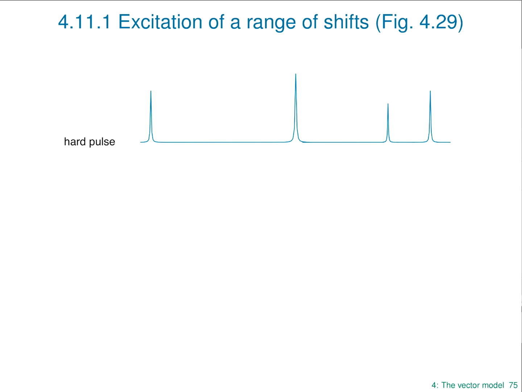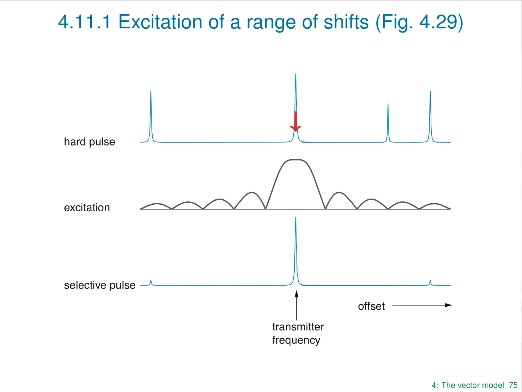So if you, for example, had a spectrum with several lines in it and you excited it with a hard pulse, you'd expect to excite all of the lines evenly. What you can do is put the transmitter on this line here, reduce the radio frequency field strength so that these other lines have large offsets, and the result of that would be what we call selective excitation, where you excite the line on resonance efficiently, and the other lines are either not excited at all or are only excited very weakly.